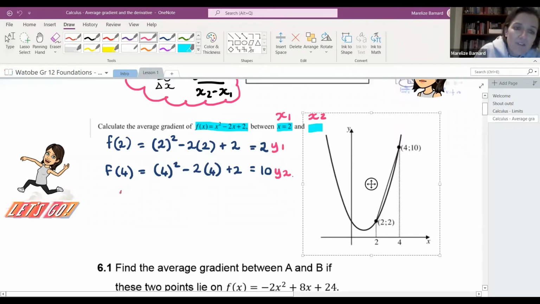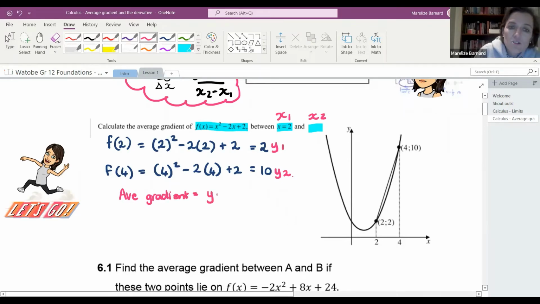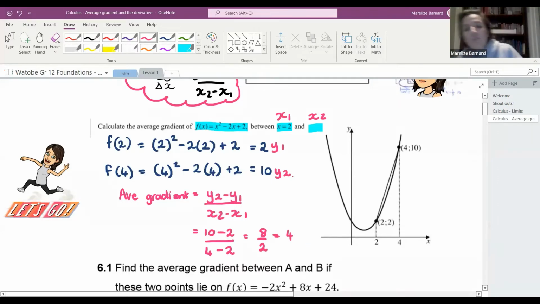So to calculate average gradient, we are going to take y2 minus y1 over x2 minus x1. That is 10 minus 2 over 4 minus 2, which is 8 over 2. And that's an average gradient of 4.